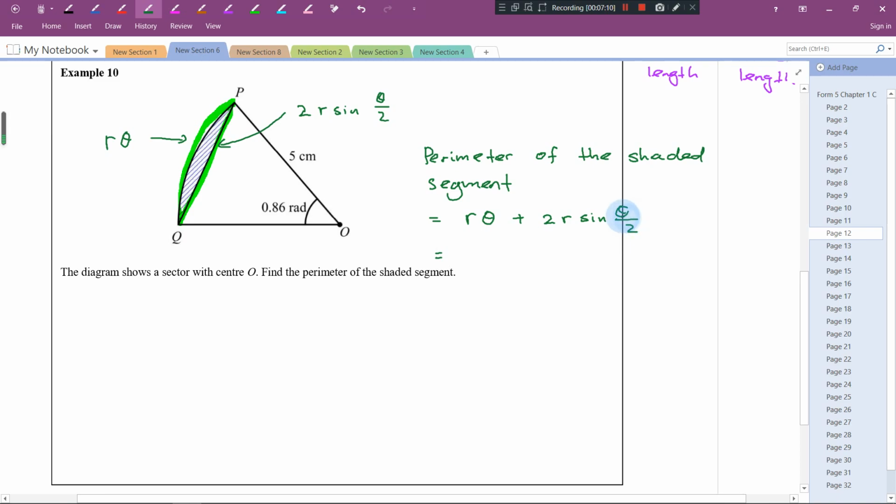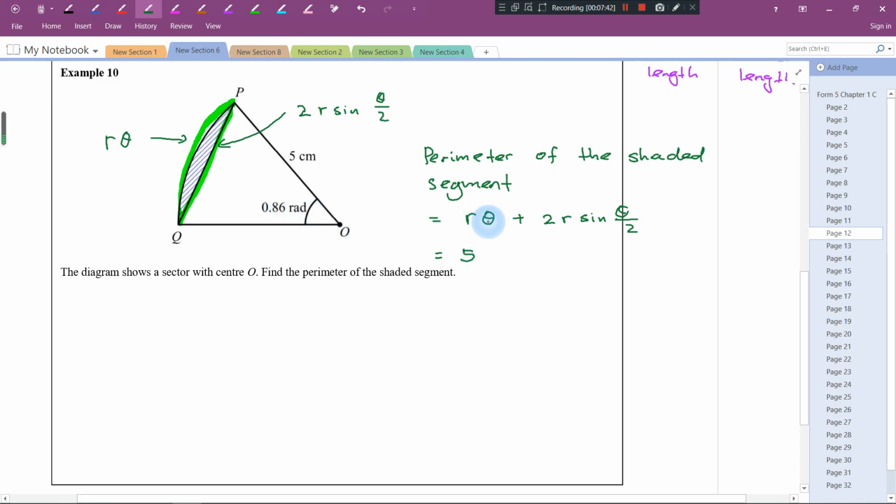For r theta, this theta must be in radian. For this theta, it can be in radian or degree, but when you key in your calculator, you have to be more careful. Here, I'm not going to convert the angle to degrees. I will use radian over here. r is the radius, which is 5.